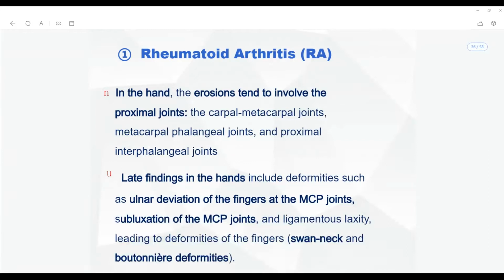Exactly. You see here, one is in the proximal interphalangeal joint and the other is in the distal interphalangeal joint. Different joints are involved.